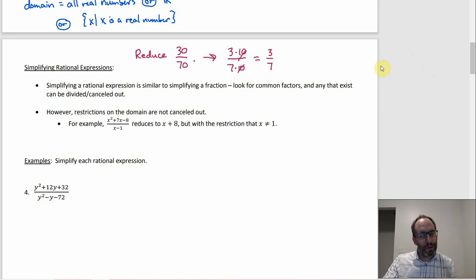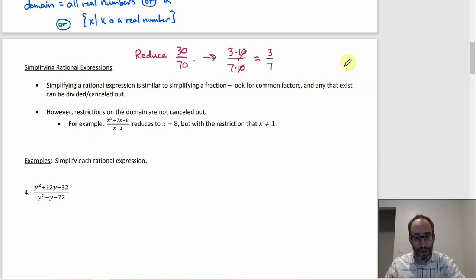That's basically what you do even when it's not just an integer in the numerator and the denominator. If you have variables or binomials, you try to find things that you can cancel out. Another thing with the 30 over 70 is that when you rewrite it as 3 times 10 over 7 times 10, that's the one you're going to pick, right?